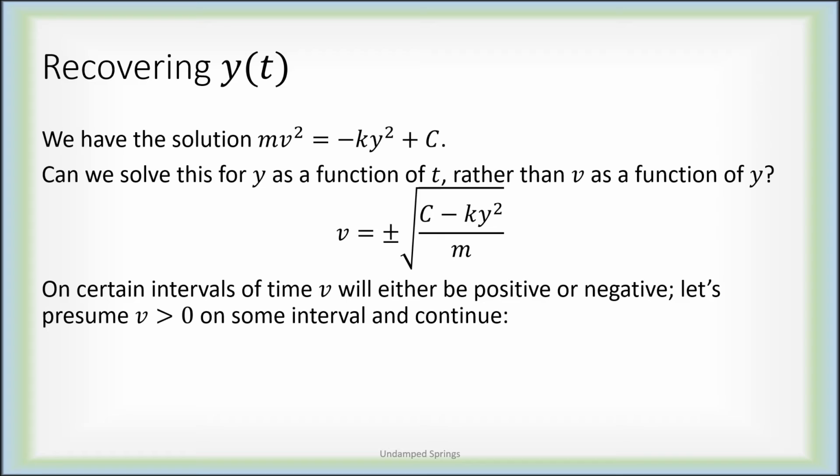On certain intervals of time, the velocity will be positive or negative, okay? We're either moving up or down. Now let's presume that v is positive on some interval just so that we can proceed. Well, if v is positive, I don't need the plus or minus, I just call it plus, but v is dy dt. So dy dt is now positive the square root of all of this mess.